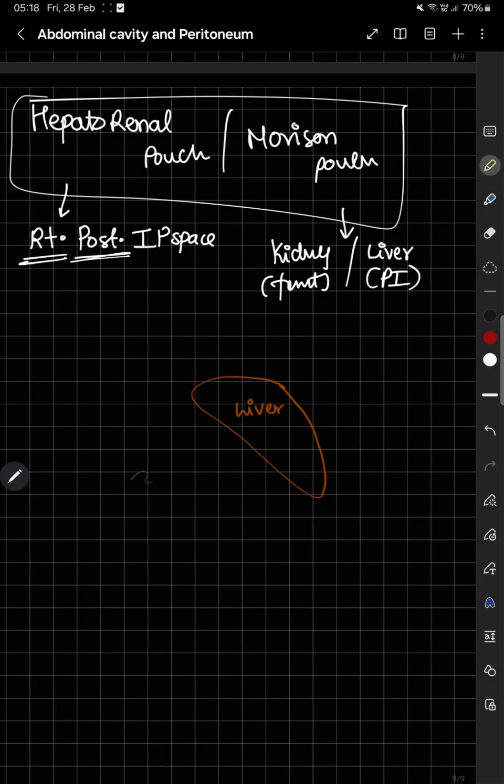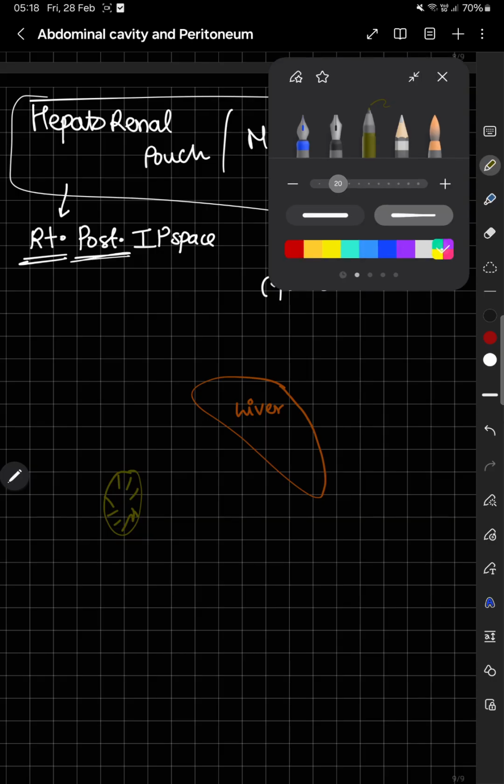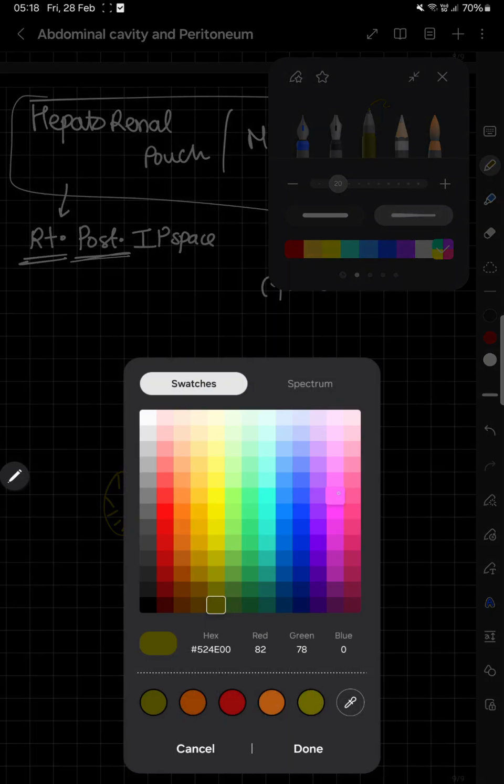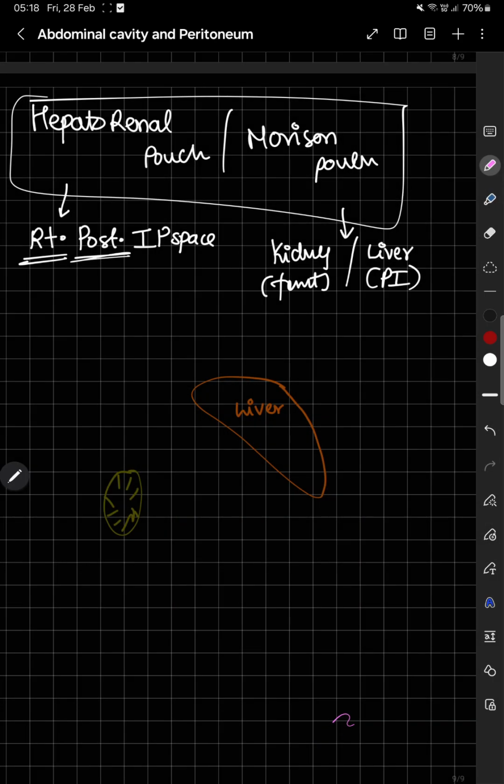Okay, somewhere over here, this will be our right kidney. Then we have the small intestines that pass by, which will be our hepatic flexure towards the right side, and then we have the transverse colon.